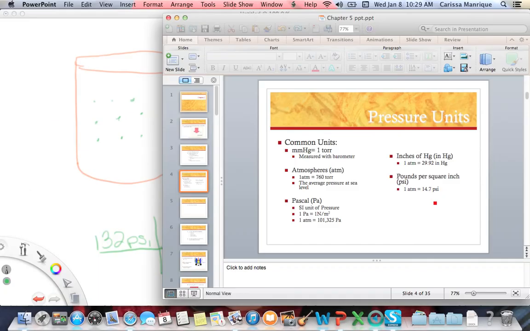So let's look at our units here. Let's write all these down. 1 atmosphere is 14.7 psi, 1 atmosphere is 760 torr, and 1 torr is 1 millimeter mercury.